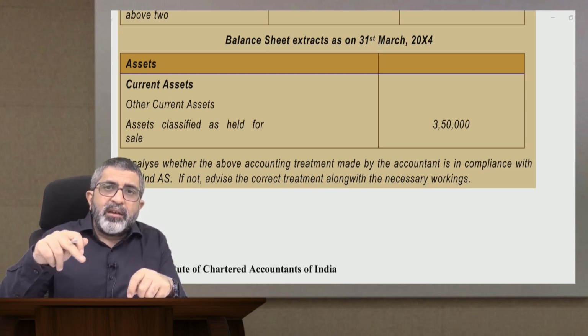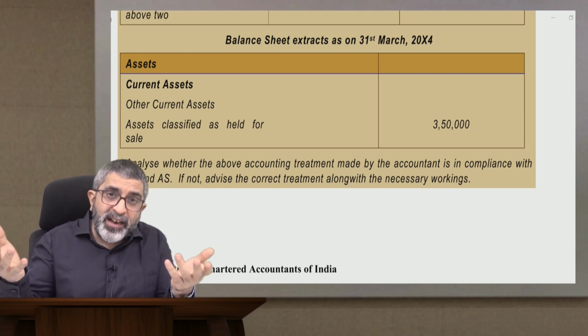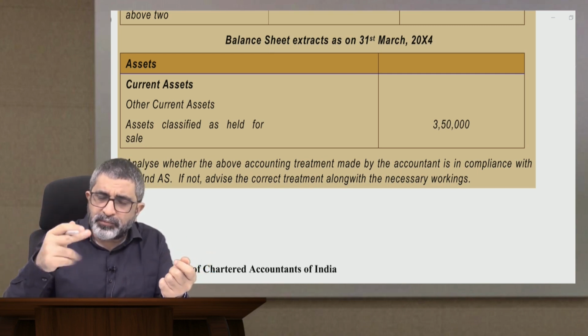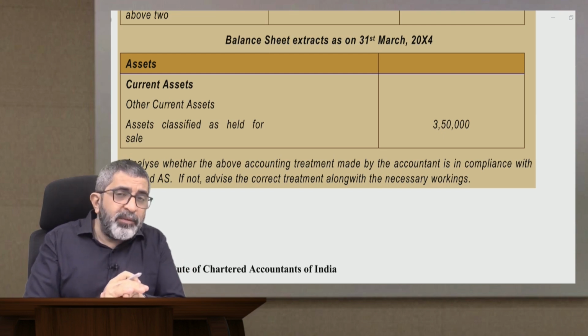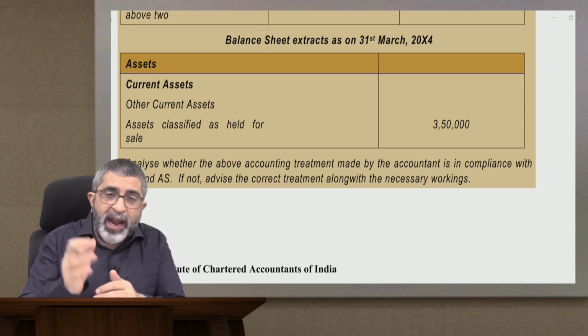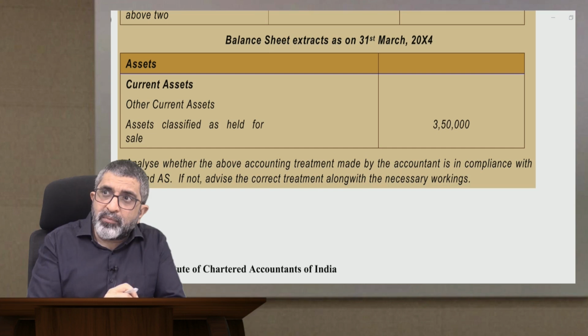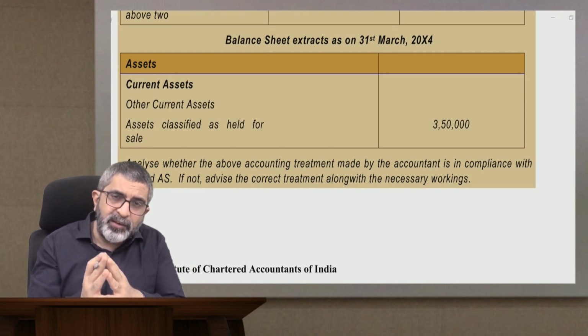And then because the asset is being reclassified as a non-current asset held for sale, they have even put it into that reclassification category, and so the asset will be requiring the application of Ind AS 105, that is non-current assets held for sale.